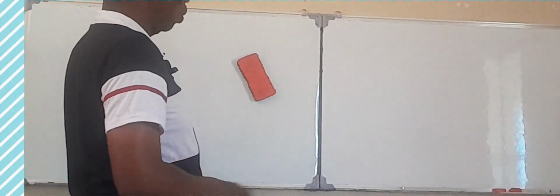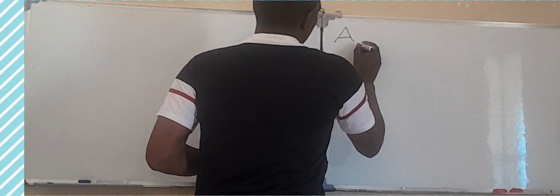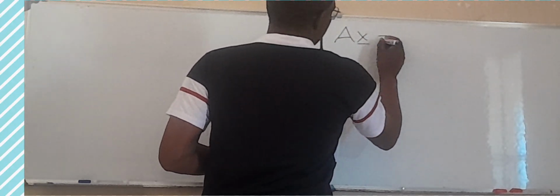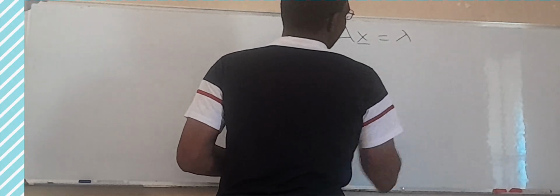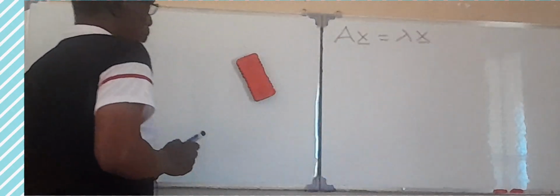Well, we say that lambda is an eigenvalue of a matrix A if the following equation holds. The matrix A multiplied by a vector x is equal to lambda, the scalar, multiplied by vector x.